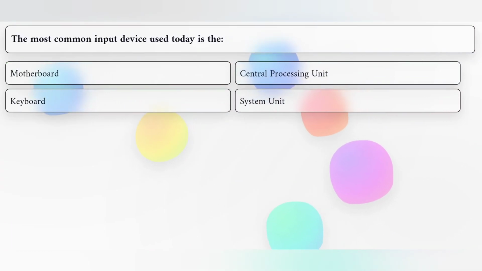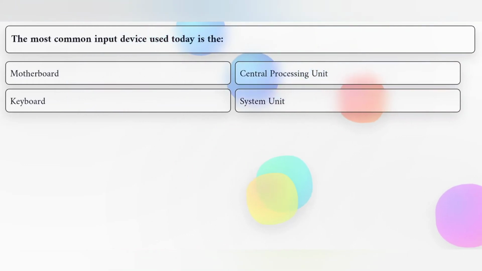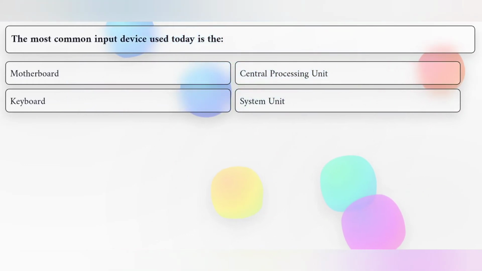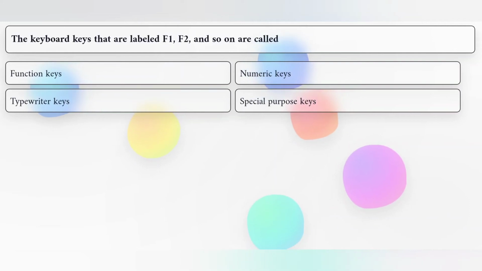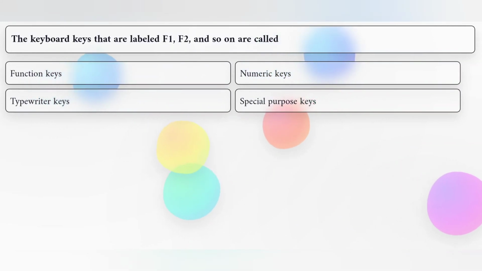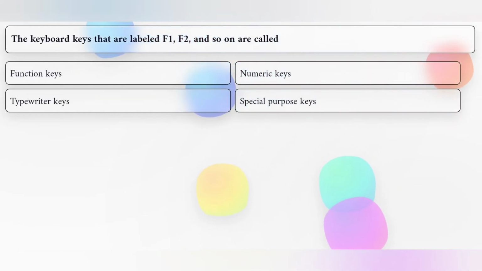The most common input device used today is the motherboard, central processing unit, keyboard, system unit. The keyboard keys that are labeled F1, F2, and so on are called function keys, numeric keys, typewriter keys, special purpose keys.